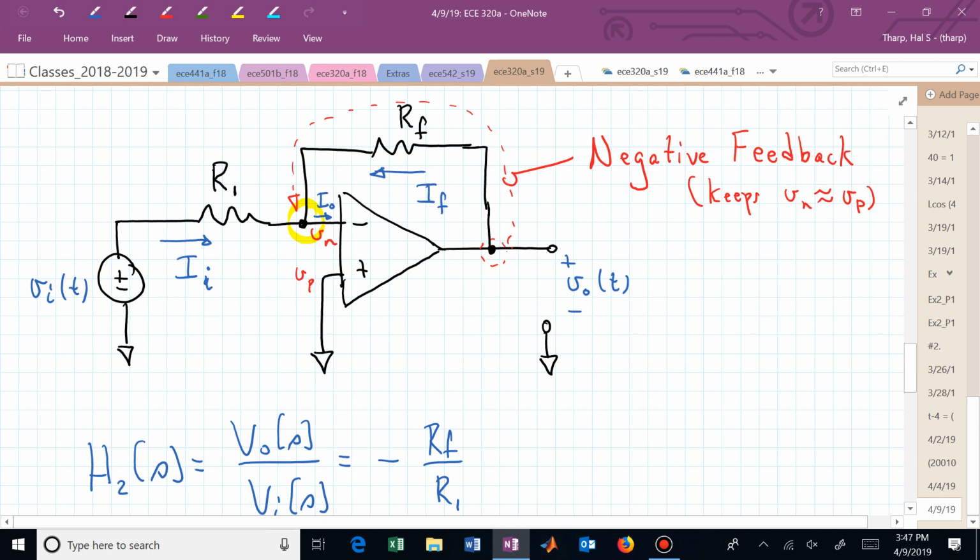What is I sub F? Now it's the voltage dropped across that feedback resistor, which the way that we've labeled I sub F, it's V sub 0 minus V sub N, and we know what to do with V sub N, divided by R sub F. We now have it.